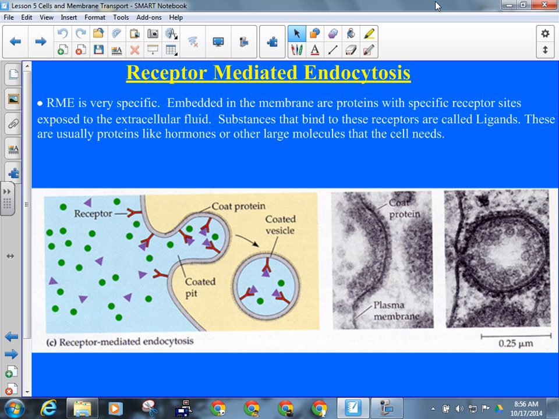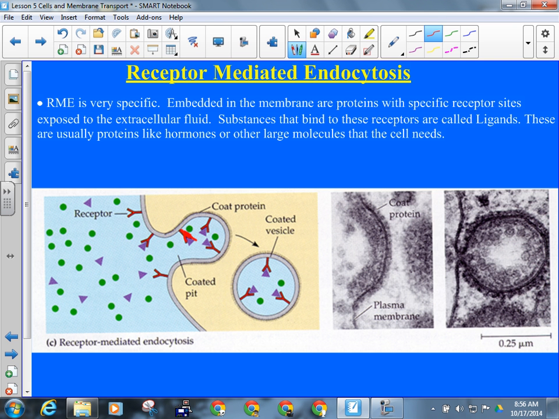So with receptor-mediated endocytosis, we've got those receptors, and you can see there's these little red forks on this diagram here, and they receive the signal that this hormone or protein or whatever it is they were waiting for is here.